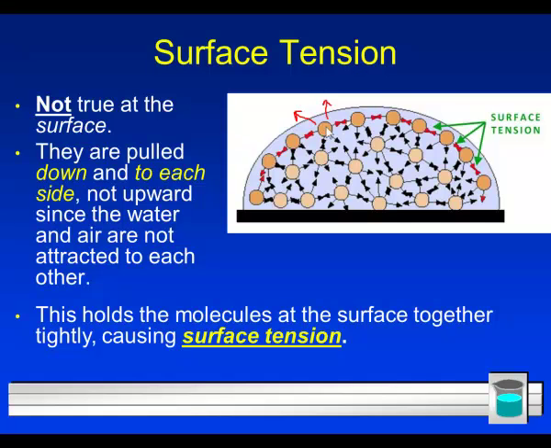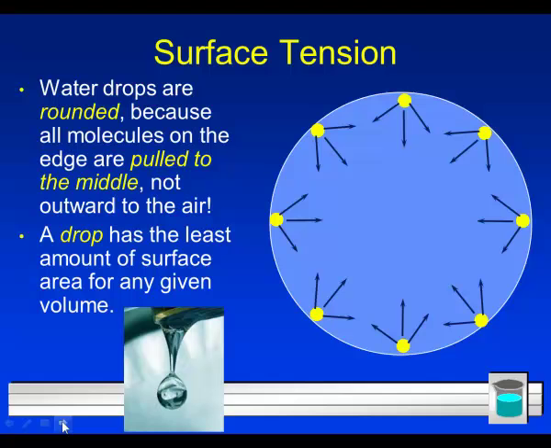So the only thing that's pulling with the molecules on the surface are side-to-side pulling and the molecules pulling down. And so they tend to be more tightly packed and more tightly held together on the surface, and that is what creates the surface tension for any liquid. And because the attractions between molecules in water are very strong, surface tension for water is very strong.